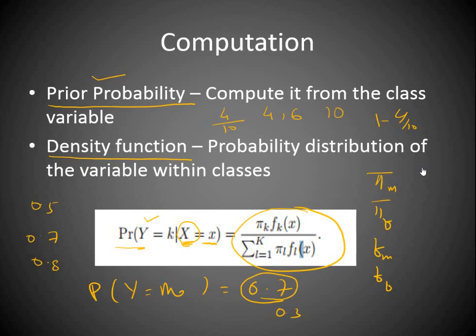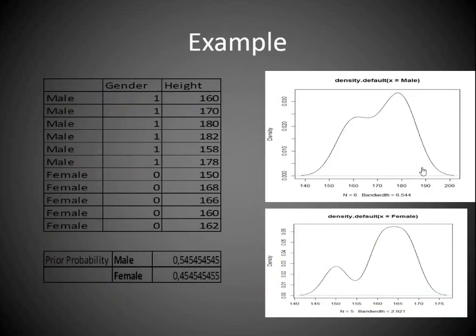Okay, so that's the way it finds out. The difference between logistic regression and this one is simply in the computation part, but the approach to find out or to classify the data is very similar. Okay, so we'll take a very small example.